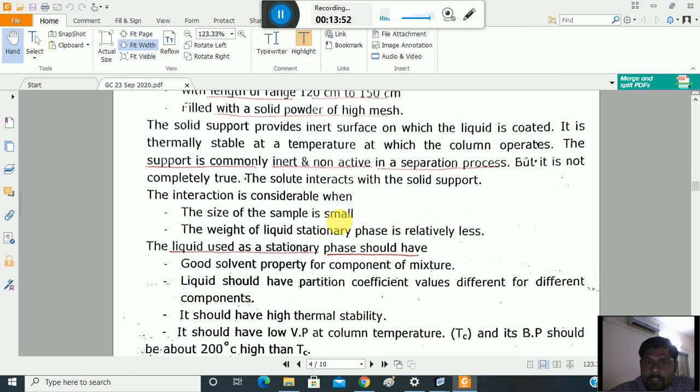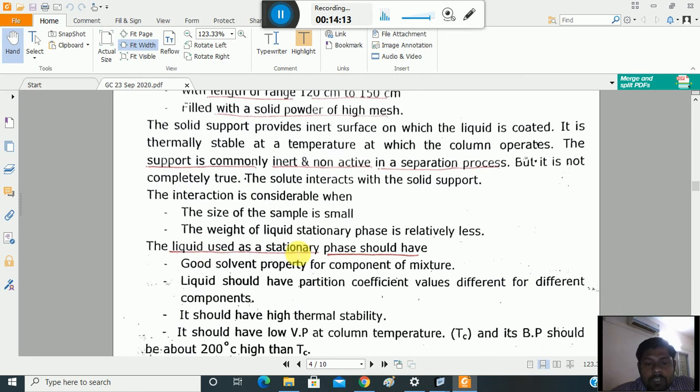Whenever the sample size is very small, that interaction of solid support must be considerable. The weight of the liquid stationary phase is relatively less. Whenever the mass of the stationary phase is less, in that case also the interaction between the solid support and the liquid stationary phase must be considerable.